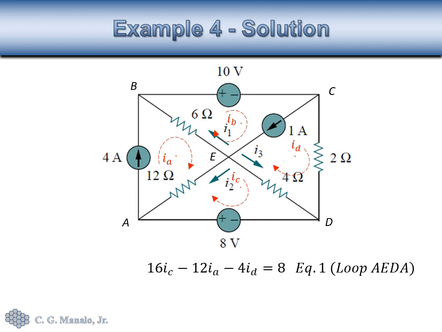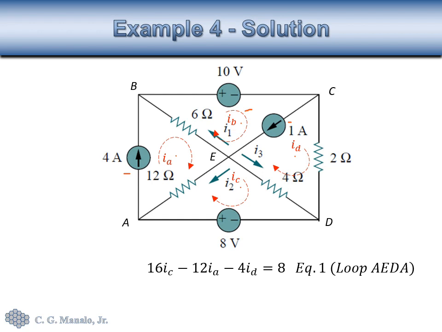Now for I sub A, we cannot write KVL equations because of the presence of 4 amperes. In loop D, where there is the loop current I sub D, we cannot also write because of the presence of the 1 ampere current source. Likewise for loop I sub B.